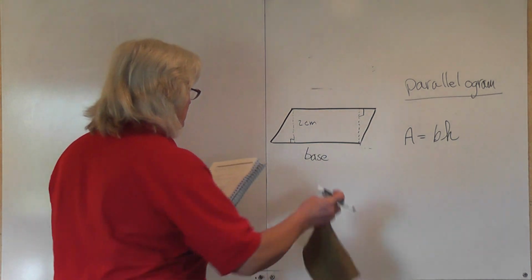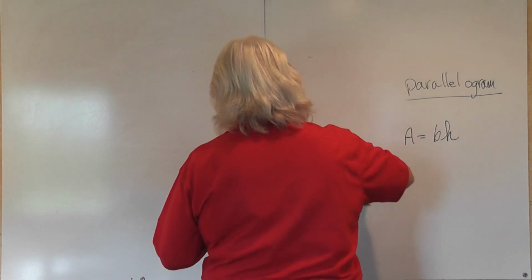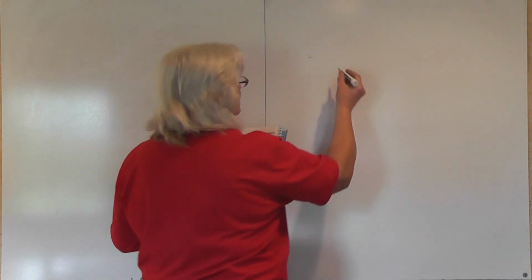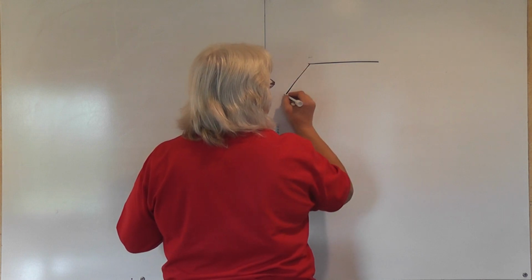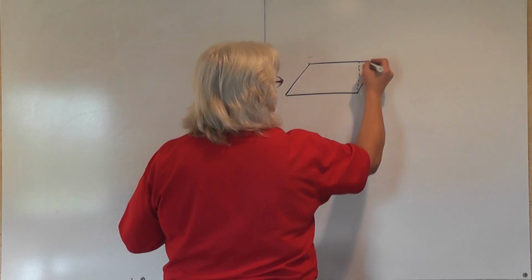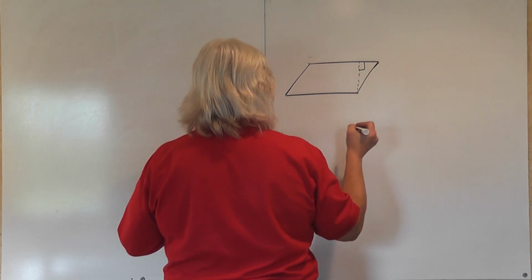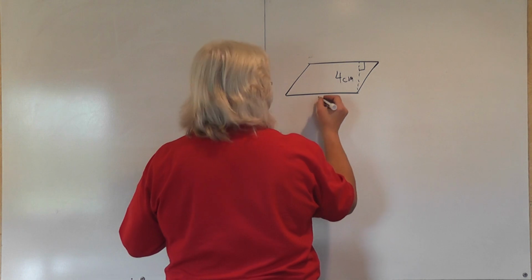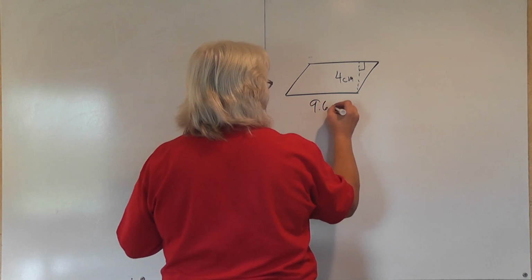So we have an example, and it says, find the area of the parallelogram. Nothing ambiguous about what they're asking you to do at all. Here's your parallelogram. This says 4 centimeters. Down here this says 9.6 centimeters.